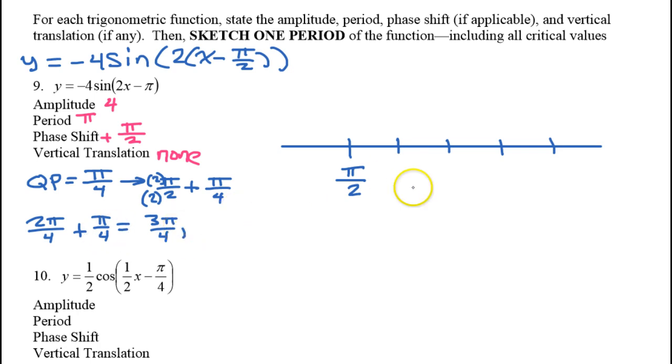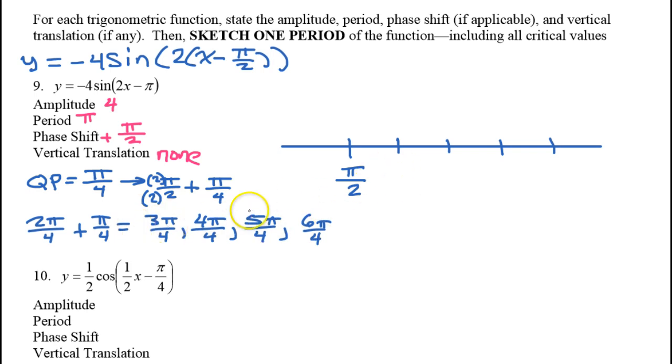But I need to add pi over 4 again and again. If I add another pi over 4, that would be 4 pi over 4. Another pi over 4 would be 5 pi over 4, and another would be 6 pi over 4. Of course, I'm going to reduce these as needed.